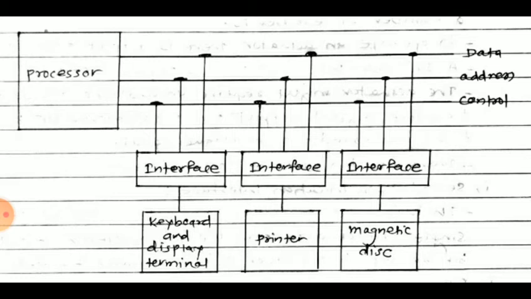For example, inputs need to be protected against excessive voltages or signals of the wrong polarity. So this can be protected with the help of interfacing elements.